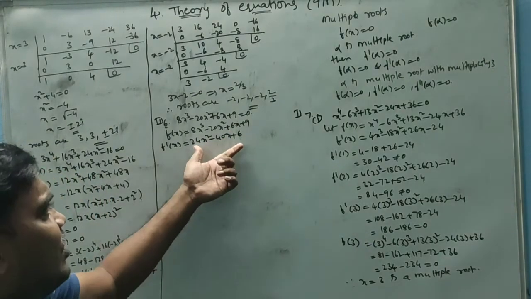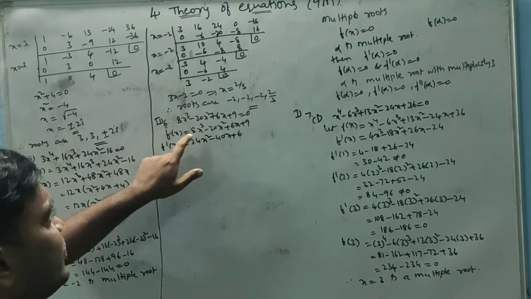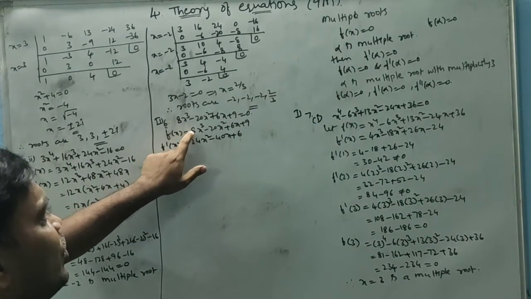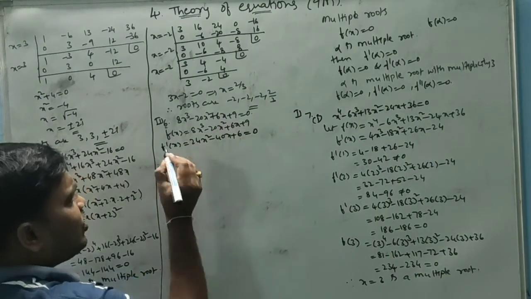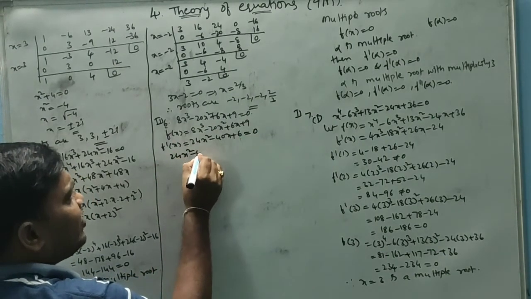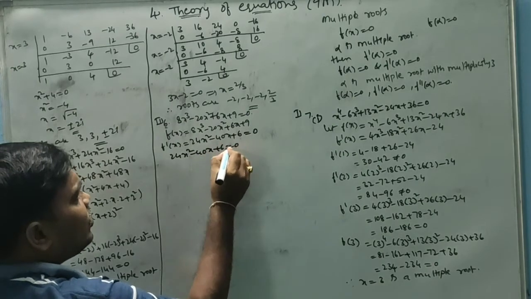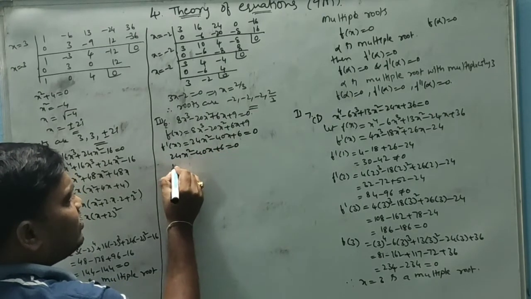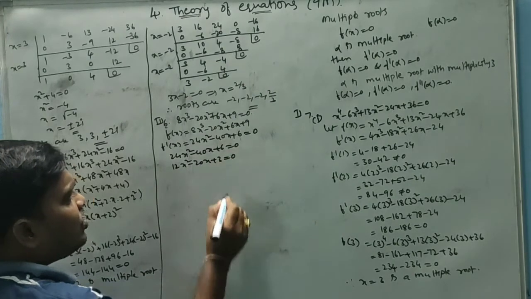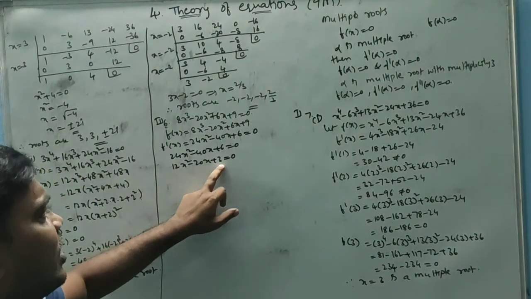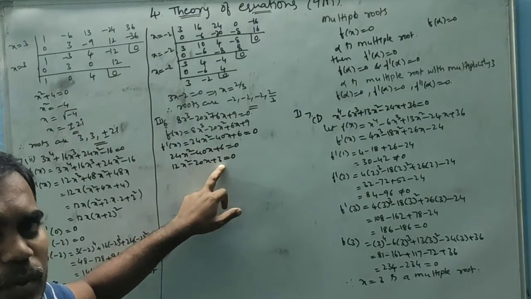So the factors of this one will definitely be a multiple root of the equation. So make it equal to 0: 24x square minus 40x plus 6 equal to 0. Taking 2 common outside: 12x square minus 20x plus 3 equal to 0. 12 into 3, 36. 18 into 2, 36.